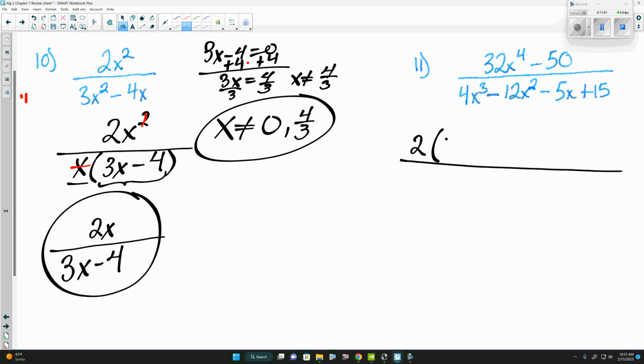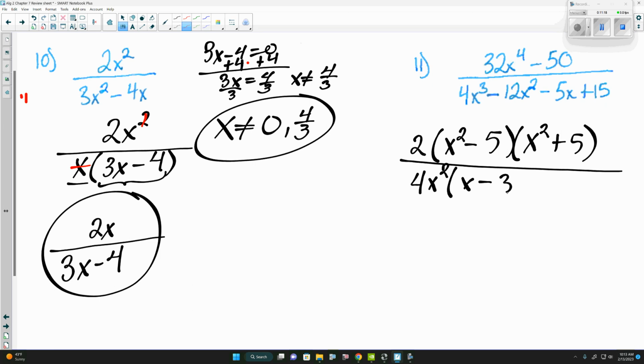Now, x minus 3, so 4x squared. You said that we wouldn't do this one?